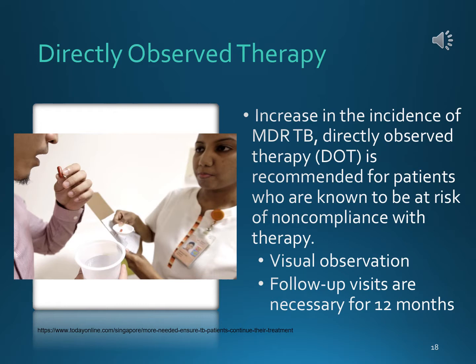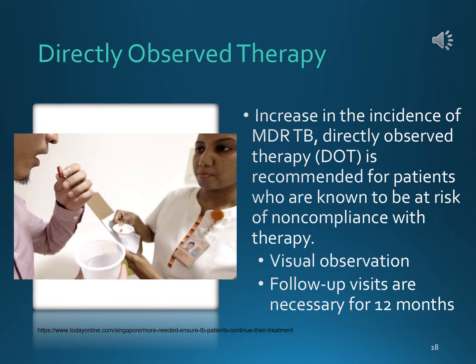Think about this. Follow-up visits are necessary for 12 months. And a public health nurse often administers the medication at a clinic site. This is a lot of follow-ups. This is a lot of money. This is a tremendous amount of effort that the person has to put forward and that the healthcare provider has to put forward.